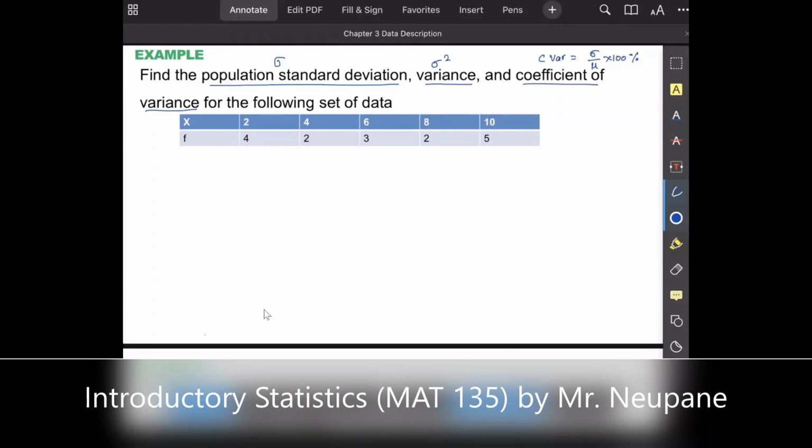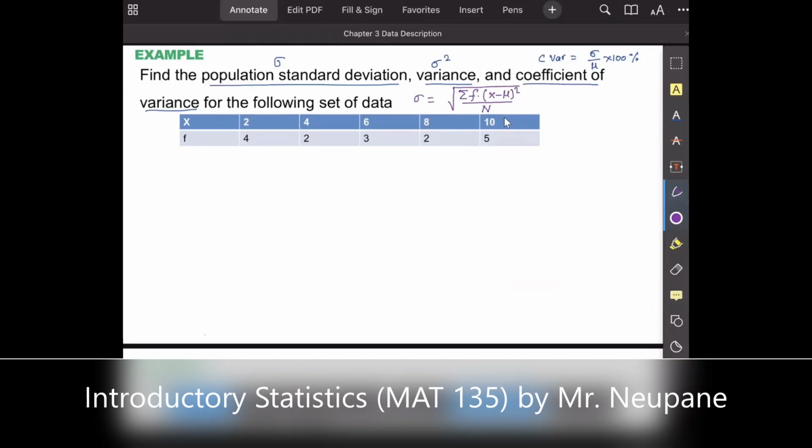So this is a group data. And for group data, if you remember, the formula was this: standard deviation is equal to the square root of the sum of f times (x minus mean) squared, divided by, this is for population, so divided by n. That was the formula.